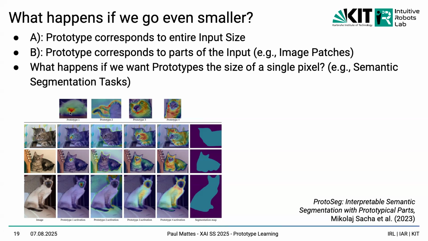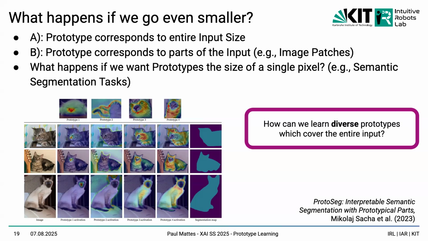I'm not quite sure, but you can see here it focuses on the nose. Prototype 3, for example, focuses more on the mouth and maybe additionally the eyes. And you can also see it here, more on the neck. And then prototype 4 actually focuses on the whole body of the cat. And this is really pixel-wise, right? So each pixel corresponds to one specific prototype.